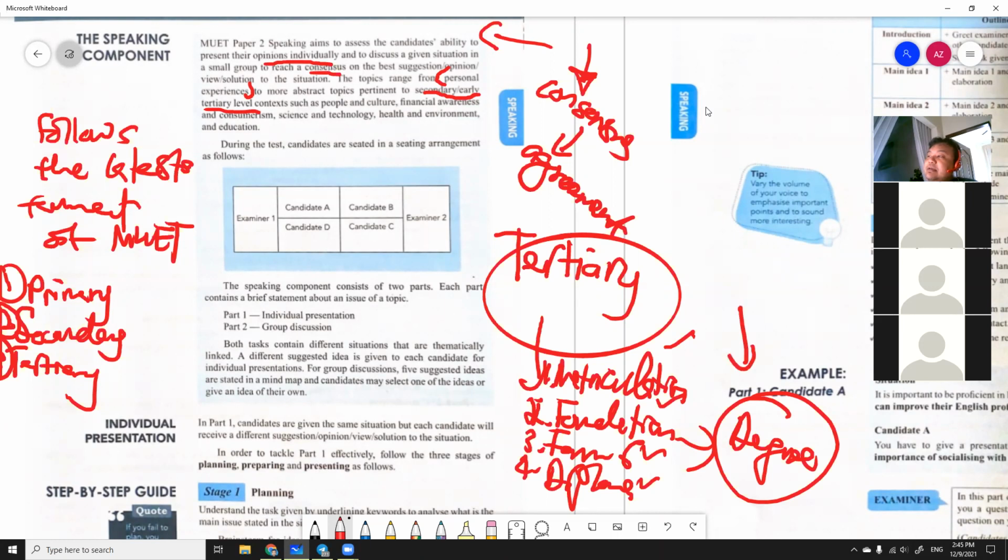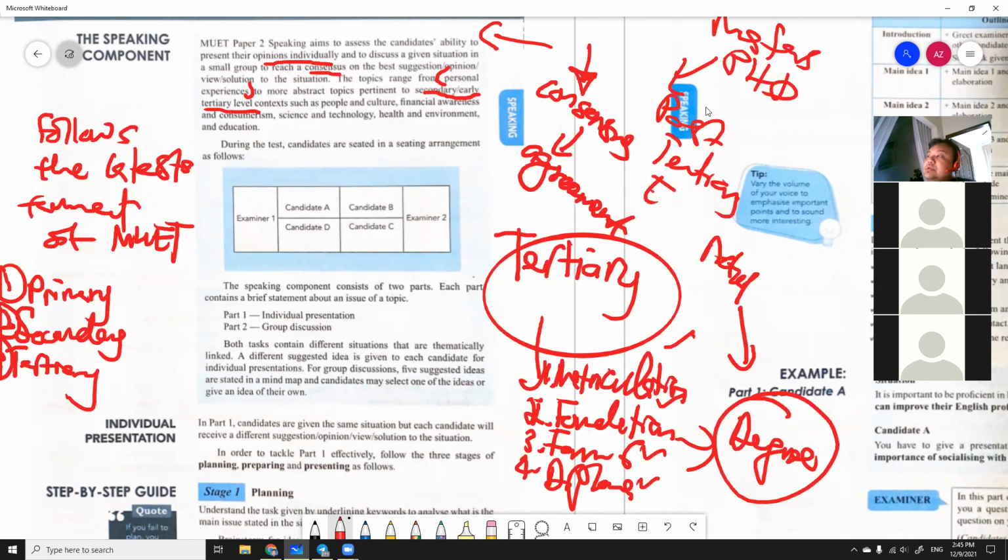Degree is the actual tertiary education, and masters and PhD are considered post-tertiary education. Tertiary derives from the word third, meaning the third layer of your education system.